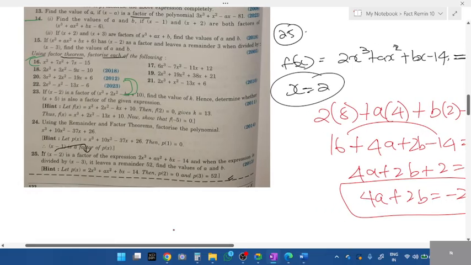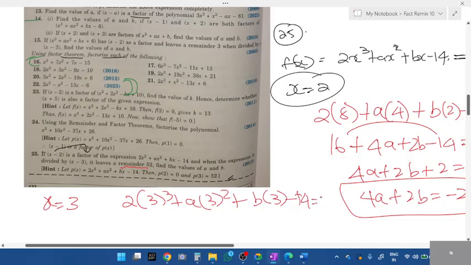Then tell me the second equation, all of you. What is the remainder? 0, or what is the remainder given? If you take x is equal to 3, what's the remainder given? Remainder is 52. So 2 into 3 cube plus A into 3 square plus B into 3 minus 14 is equal to 52.